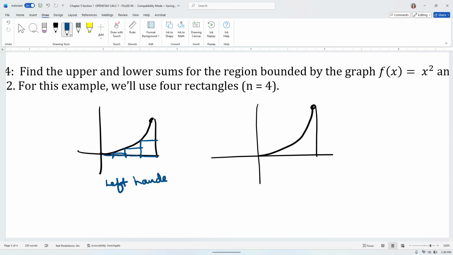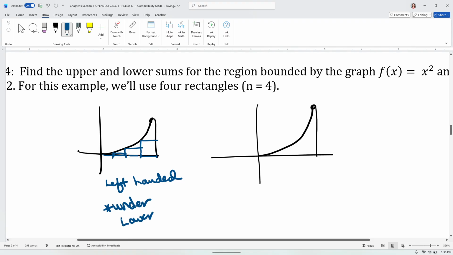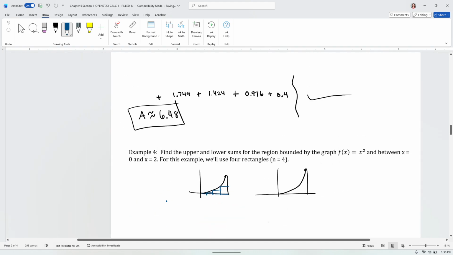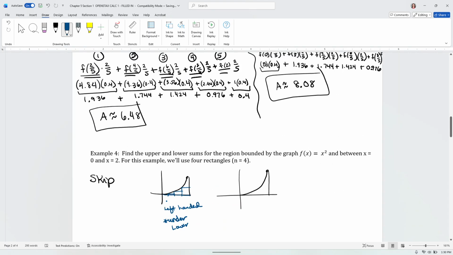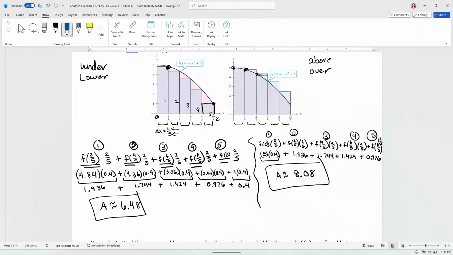I think we say left-handed approximation, is this time the under or the lower, right? Where before, let's come up here 1 second, this one, our underestimate was using the right corner. This was a right. So it depends on the shape of the graph whether or not an underestimate is going to be a lower or an upper.